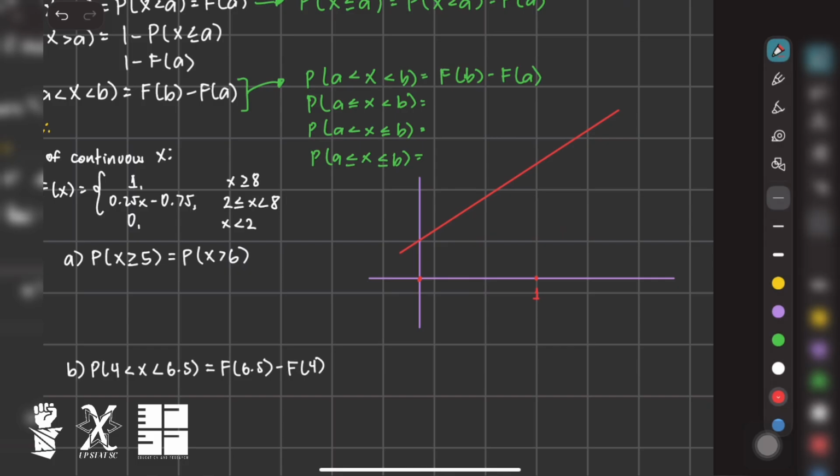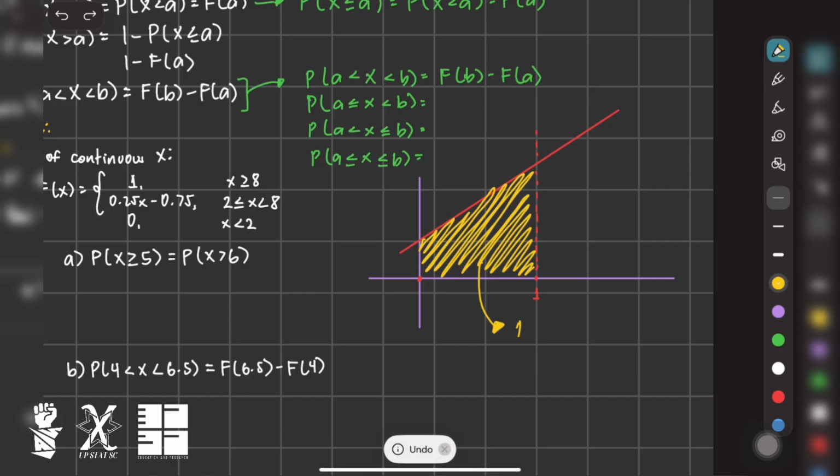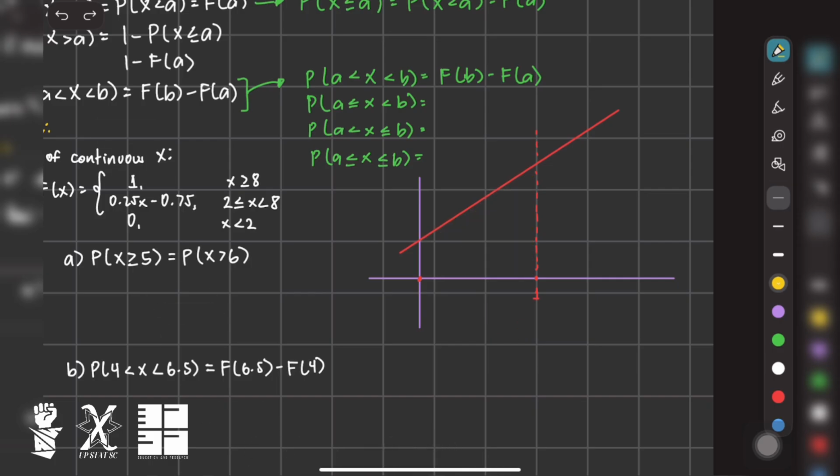Let me put some working for you guys to see better. As you can see here, the probability of this area right here is 1, because that's the overall range of what we're looking at.